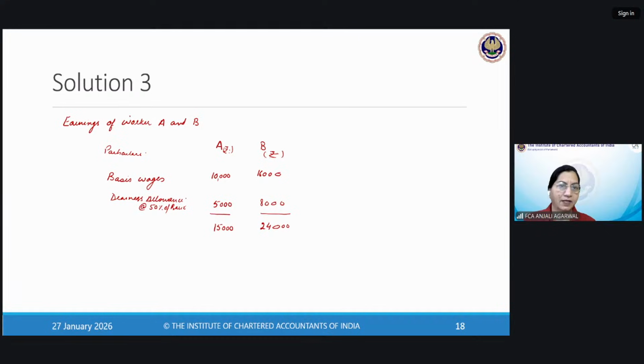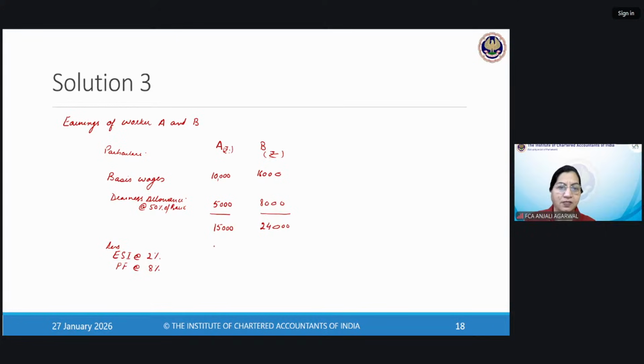Now we are trying to calculate what worker A and B will take away. So 15,000 and 24,000, but less employee state insurance at the rate of 2% and PF contribution at the rate of 8% of basic. Okay.